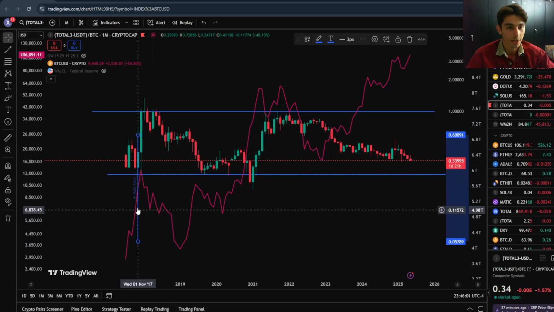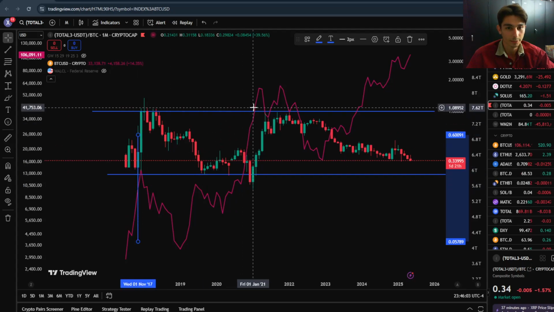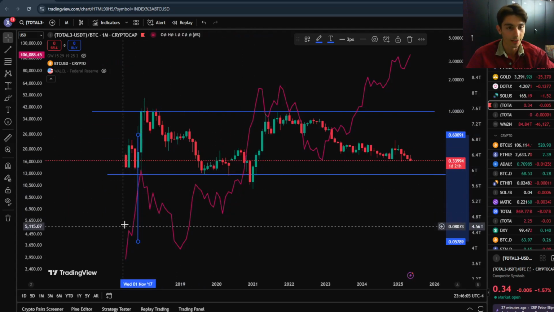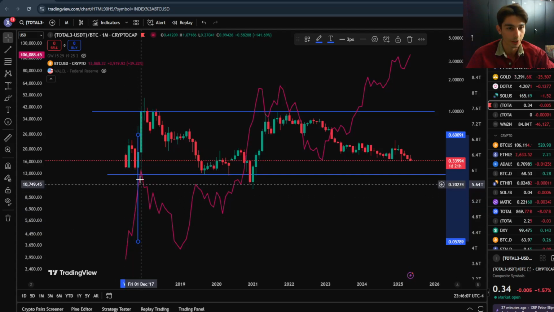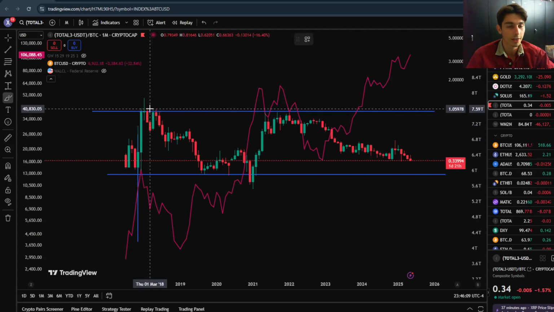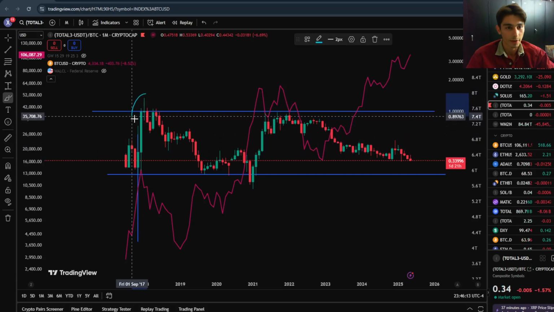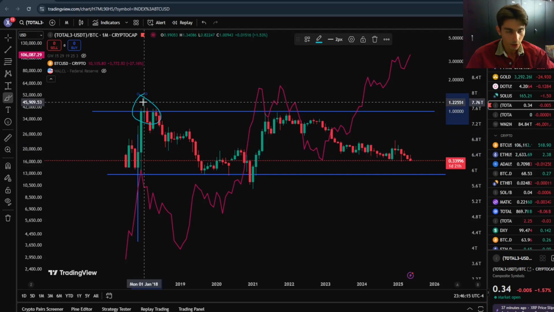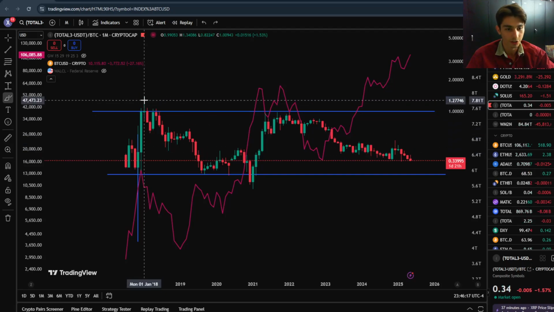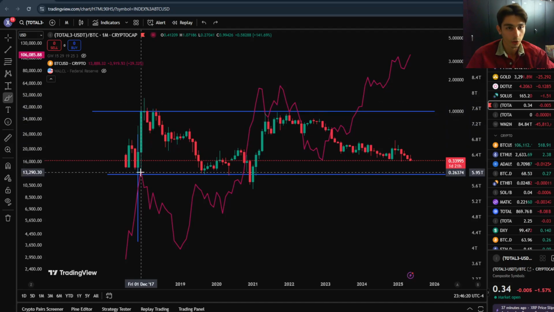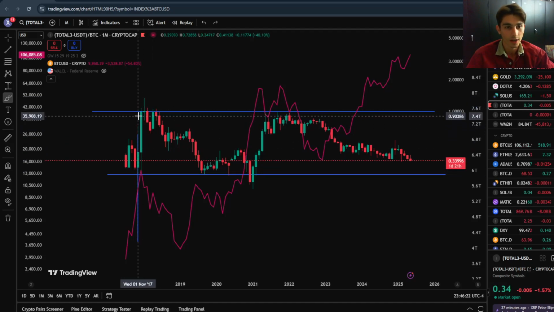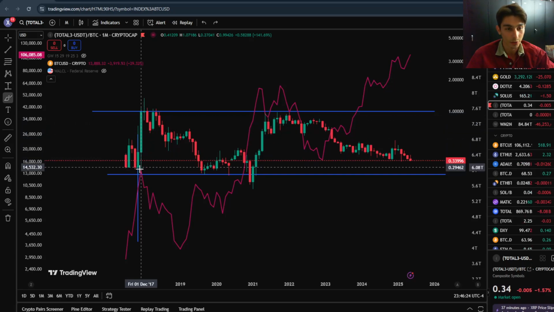You can see it happened in November 2017. Bitcoin led this rally into the 2017 bull market, and only thereafter did altcoins start to hit these mania phases up here. Altcoins topped in 2018 against Bitcoin, and Bitcoin USD topped around December 7th, 2017.